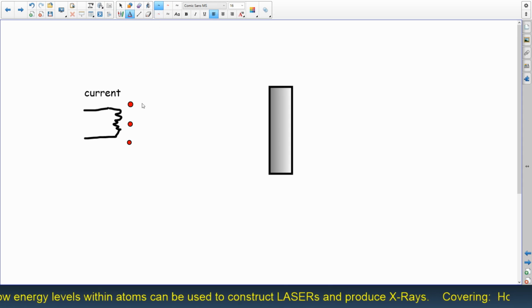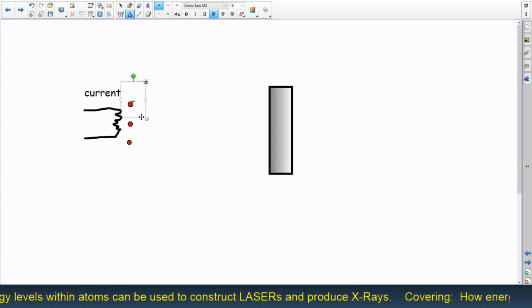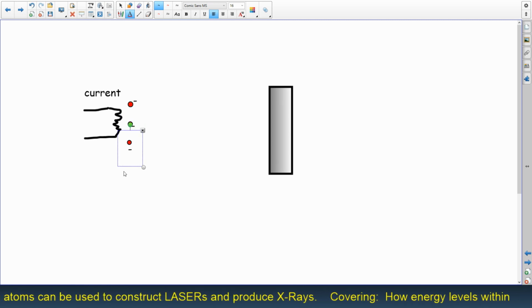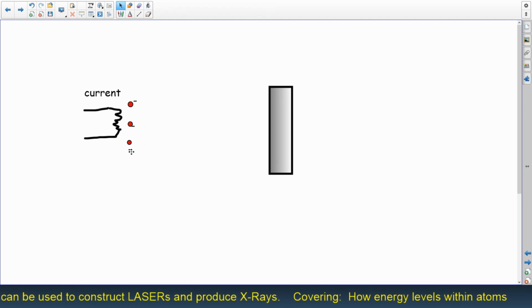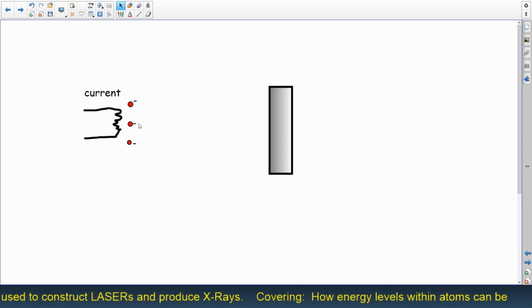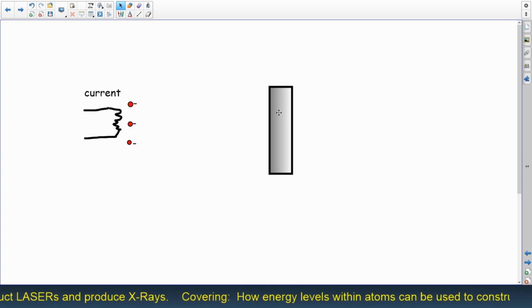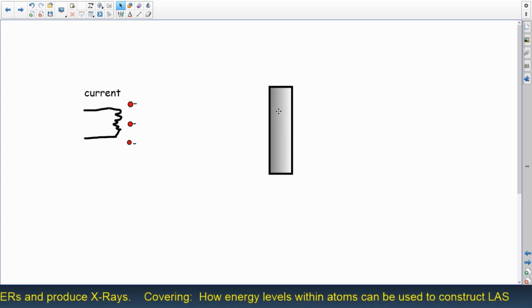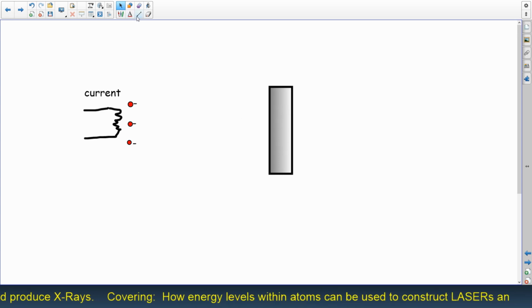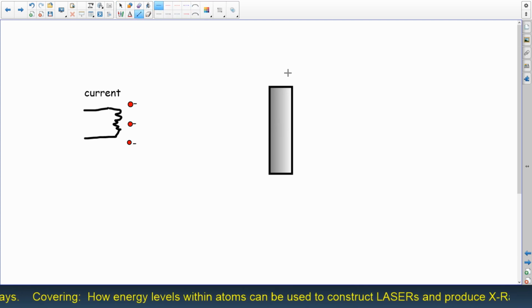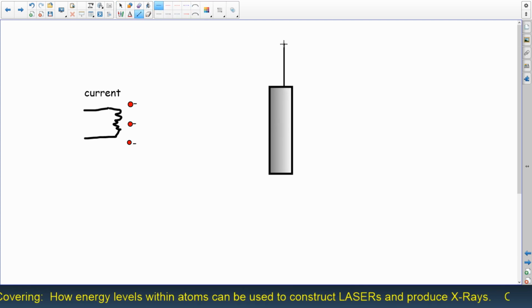Of course, we know that electrons are negatively charged, so there's a minus, and there's a minus, and there's a minus. So everybody's got some minuses going on. Okay, now all we have to do then is we have to accelerate these electrons and make them hit this tungsten, which is, again, relatively easy to do because all we have to do is connect our tungsten to some form of positive power supply.